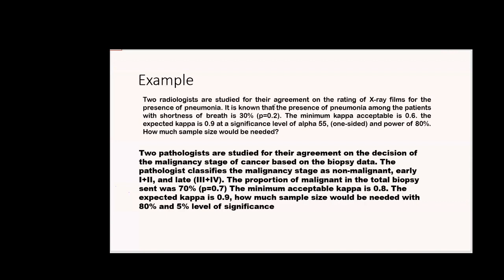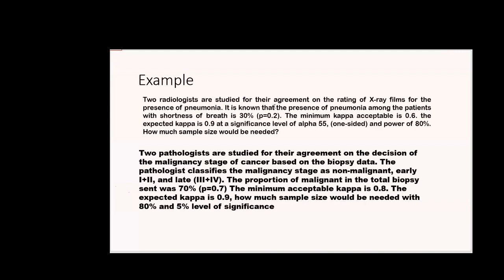The proportion of malignant among the total biopsies sent is 70%. Those samples were sent to the pathologists for biopsy. The minimum acceptable kappa is 0.8 and the expected kappa is 0.9. How much sample size would be needed for 80% power and 5% level?